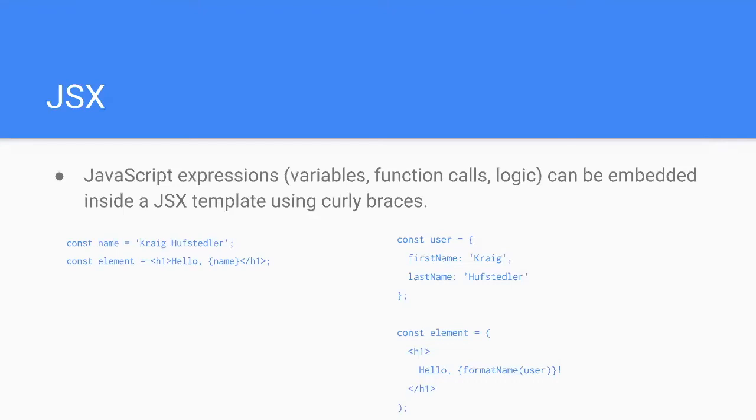So inside your JSX, you just use curly braces to say, okay, now I'm going to provide you with a JavaScript variable or a function, or you could even do some logic in there and have an if statement inside your curly braces and say, if this, then this, otherwise this, things like that. Really nice. It lets us take values and variables in our JavaScript and inject them into our HTML in a really clean way.